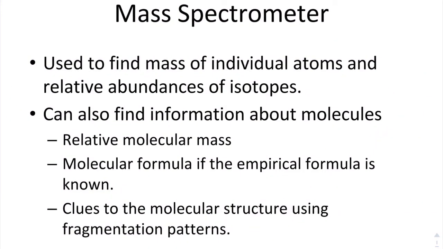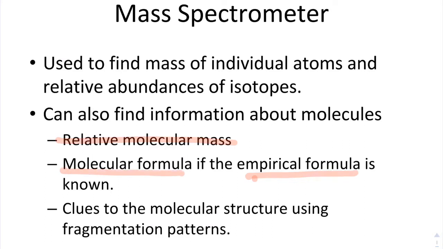In the past, we used the mass spectrometer to find the relative molecular mass. We were basically finding our periodic table masses, using percentages that showed up. We were also able to use it to tell us exactly how heavy something was, and so it allowed us to go from empirical formulas to molecular formulas.